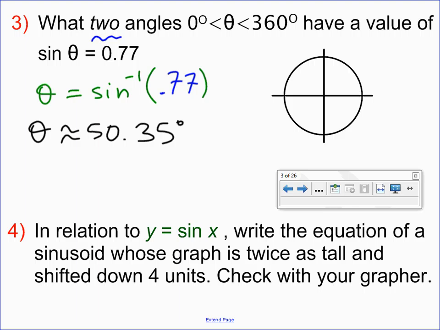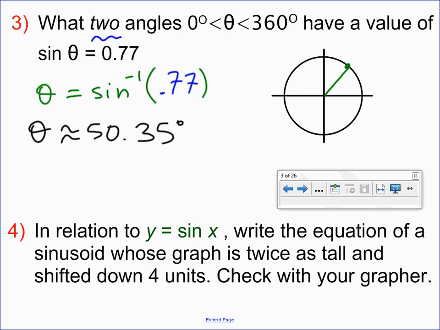In which quadrants is the value of sine positive? Ian? In quadrants 1 and 2. And so we're looking for angles here, theta, that are in quadrants 1 and 2. Let's draw in that 50.35 degrees. So that's about right here.